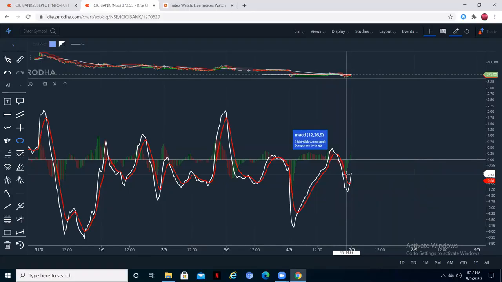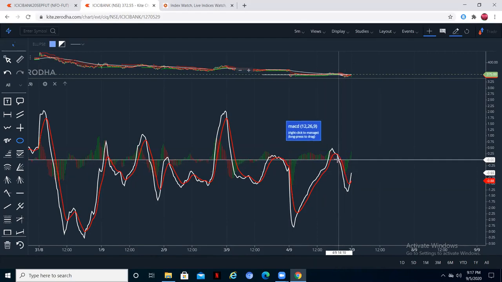Then only your entry is correct, then only the entry has strength, then only the trend is going to continue. And when we are choosing only 3 or 4 stocks, in case you identify that MACD has just crossed below zero or above zero, that particular stock is likely to give you a selling entry or a buying entry.